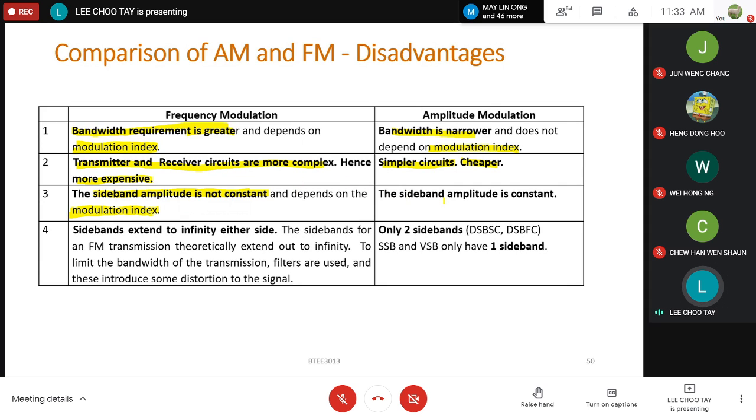Whereas for amplitude modulation, the sideband amplitude is always constant. It is Bm over 2, so you can easily compute your sideband amplitude for AM, but not for FM. For FM, you need to make use of your Bessel function table if you want to find out the sideband amplitude.